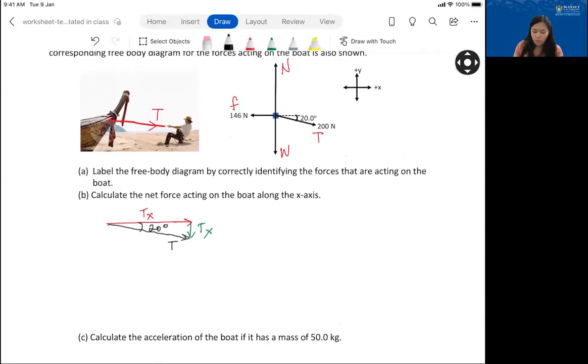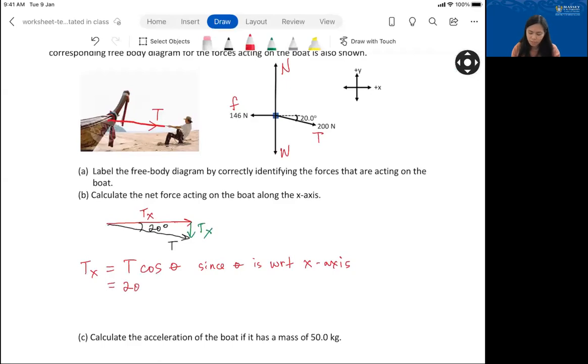Right? So just check if your angle is measured relative to the horizontal, then the x component will use the cosine theta function. So your x component will be T cosine theta, since theta is with respect to the x-axis.